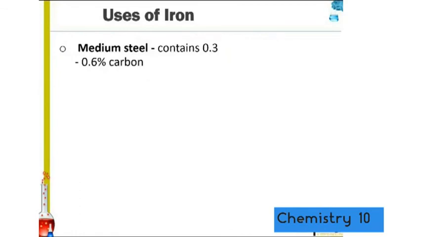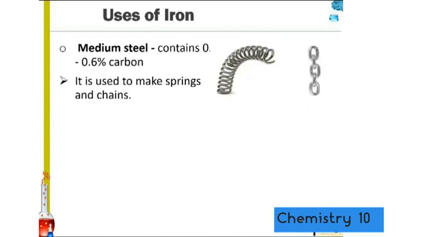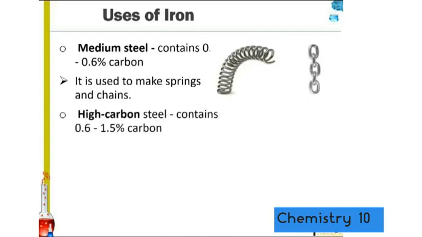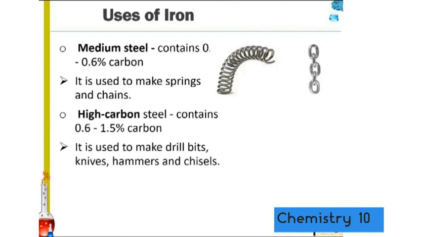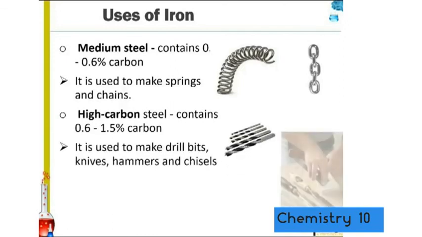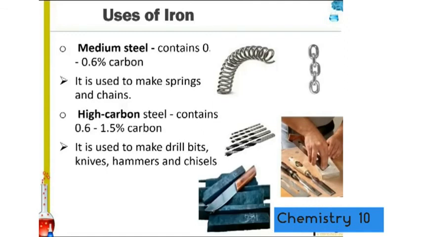The second classification of carbon steels is medium steel, which contains between 0.3 and 0.6% carbon. It's used to make things like springs and chains. Finally, we have high carbon steel, which contains between 0.6 and 1.5% carbon. And it's used to make things like drill bits, knives, hammers, and chisels.